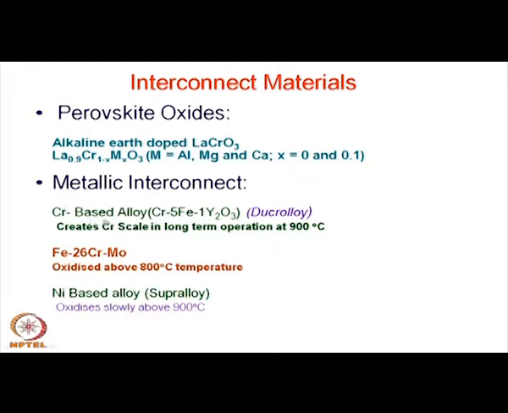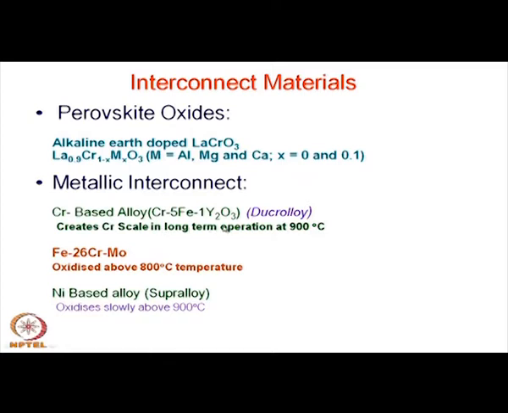For example, chromium based alloy, chromium 5% iron and 1% yttrium oxide. So, it is actually an oxide dispersed alloy. It is called an alloy and creates chromium scale in long term operation at 900. So, this also creates impact.